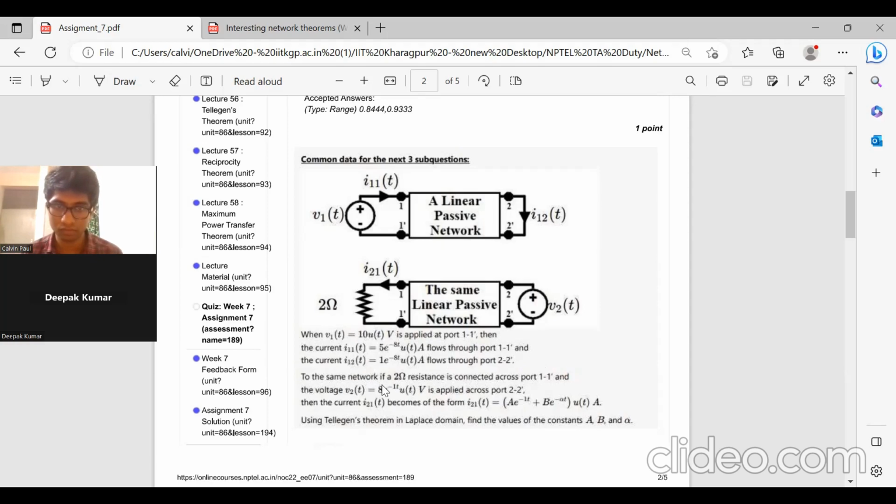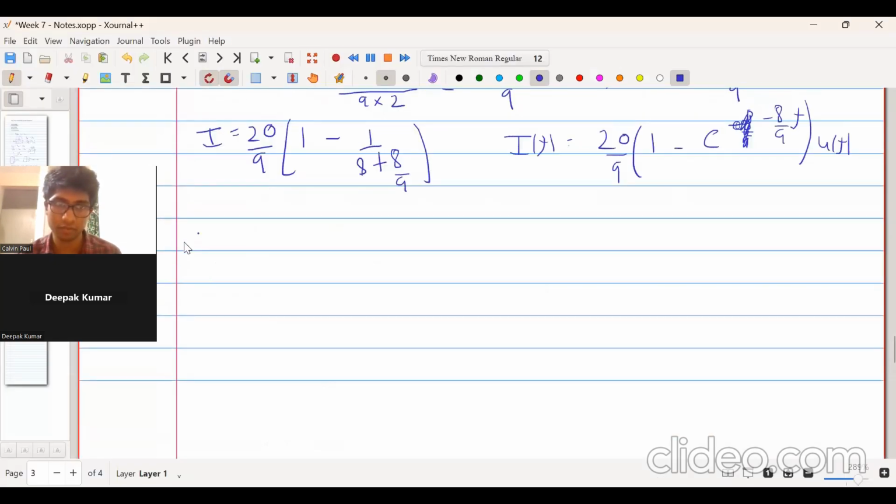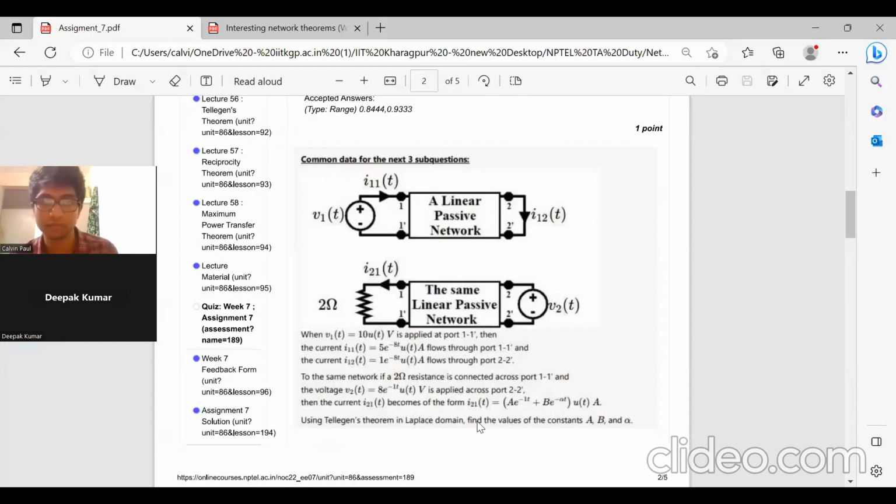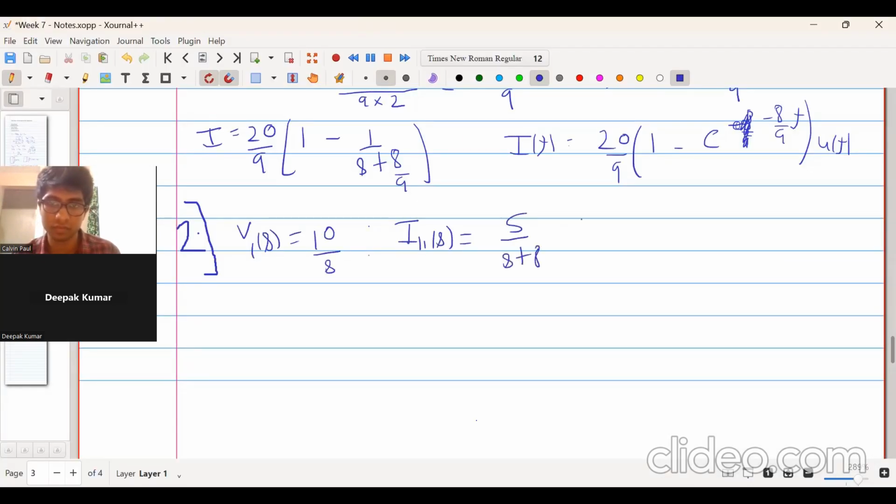I11 of s is 5 upon s plus 8, and I12 of s is 1 upon s plus 8.